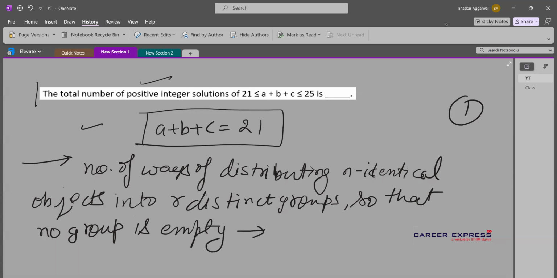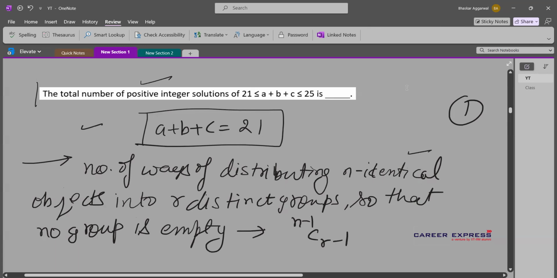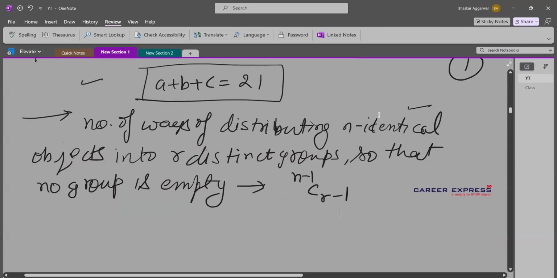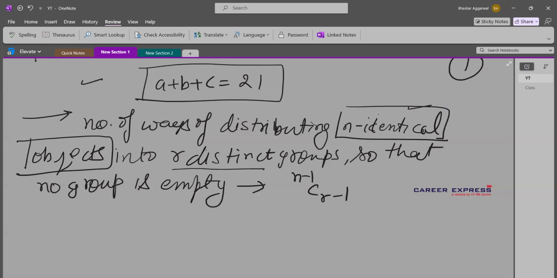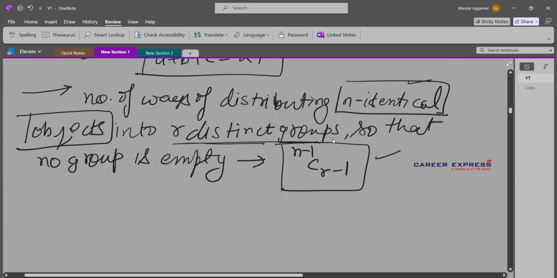The number of ways to do this is n minus 1 C r minus 1. Please mind these two words: the objects that we are distributing are identical, but the groups in which we are putting those objects are distinct. So we can get the number of different solutions as n minus 1 C r minus 1.